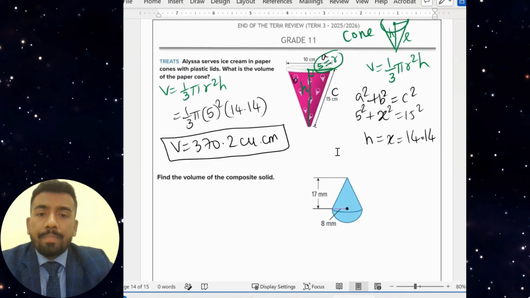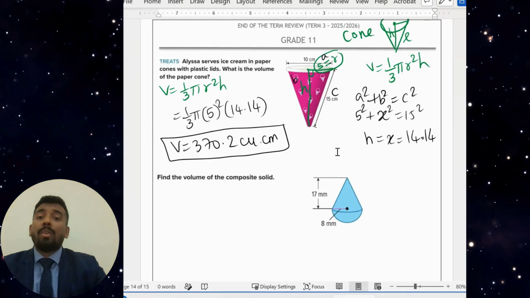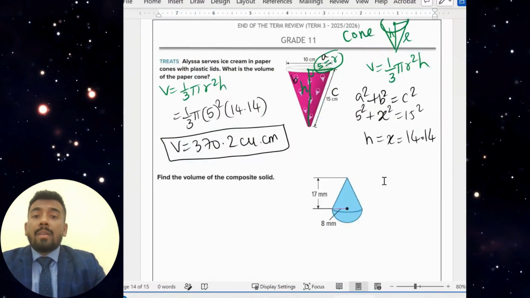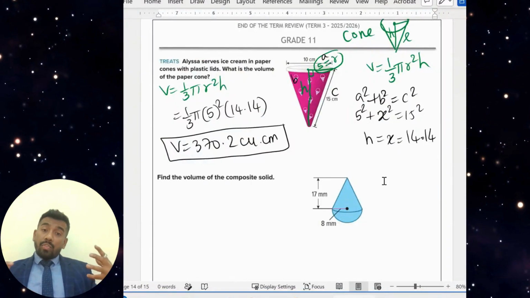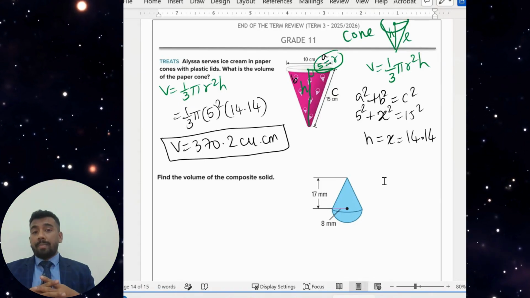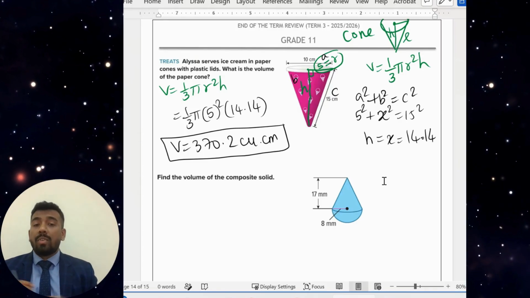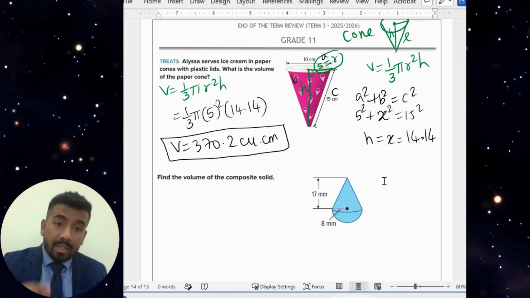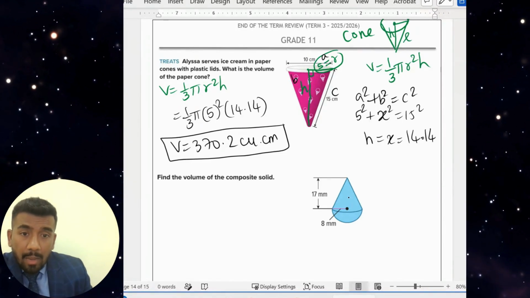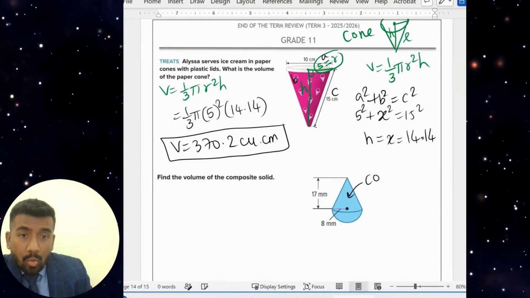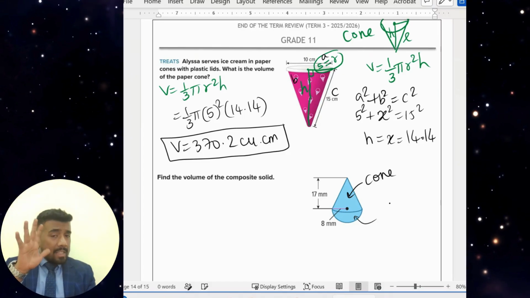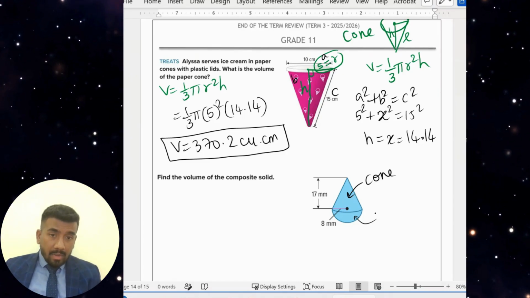Now, what is this? This is find the volume of a composite solid. Now, this is two figures together. Okay, it's not just one figure, it's two figures together. To do this with two figures or three figures, you need to first see which figure is here. So this upper part, it's a cone. Whereas the down one seems to be like a sphere, but half of the sphere.